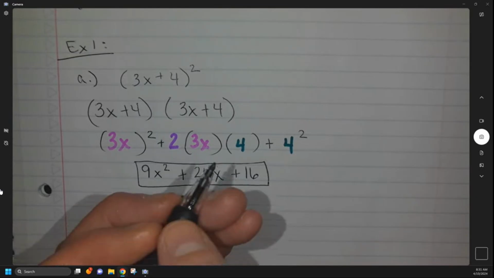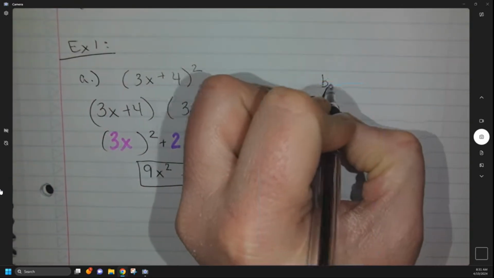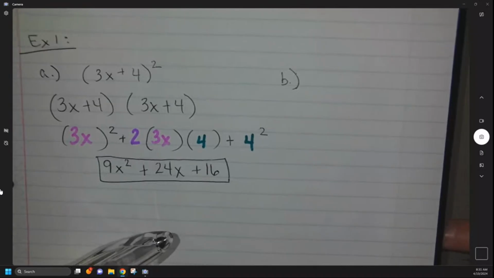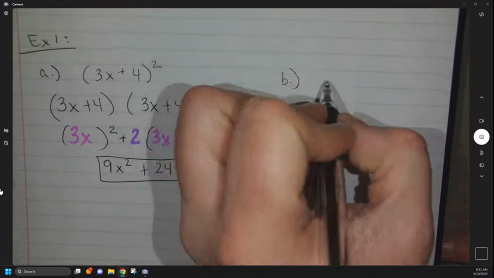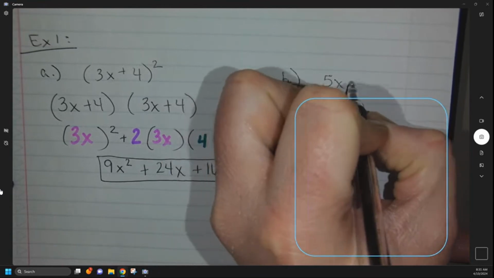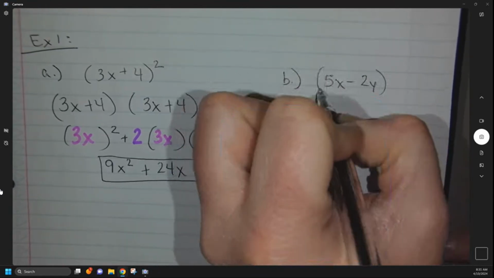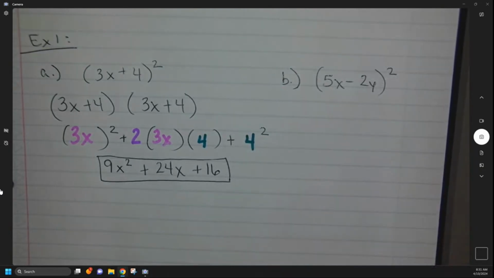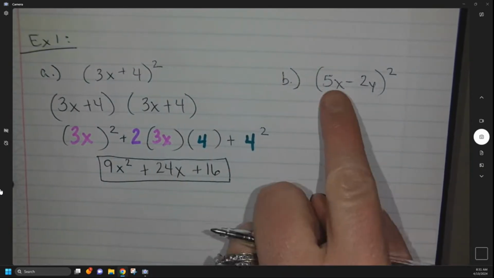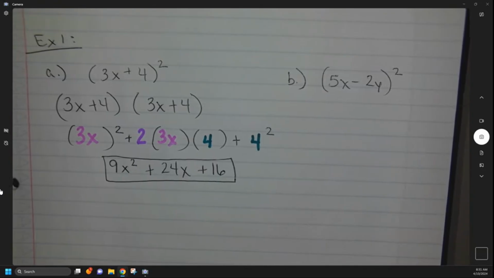For letter B, we have 5x minus 2y, and we're going to square this again. So these first terms, 5x squared.